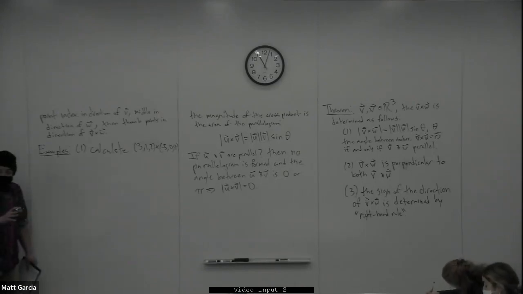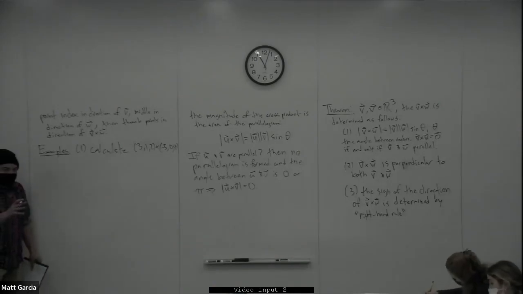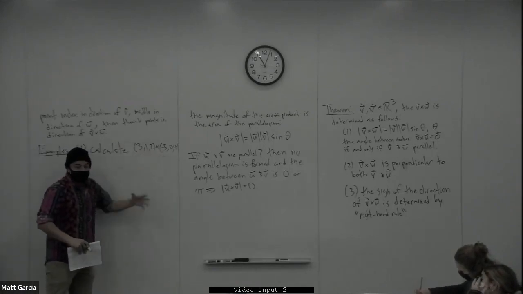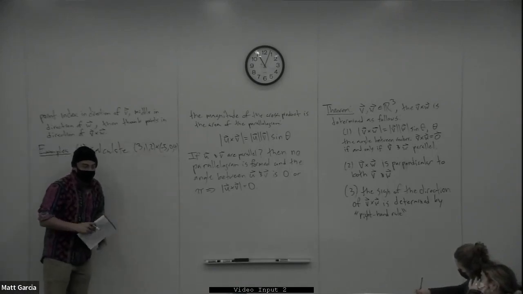Pencils down. Maybe let's discuss. It's okay if you haven't finished, but let's talk about it together. What do I do first? Calculate a cross product. Yeah, I'm just going to use the definition, right? Since I have explicit vectors, it's probably easiest to just use the definition.